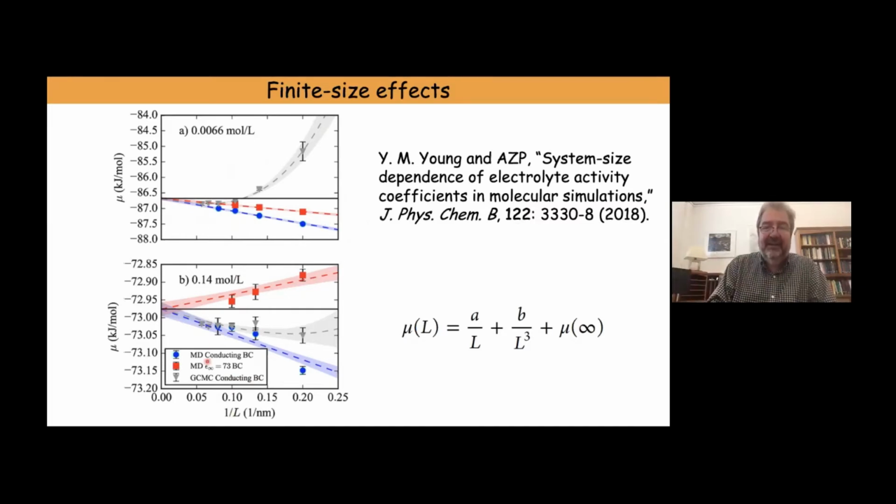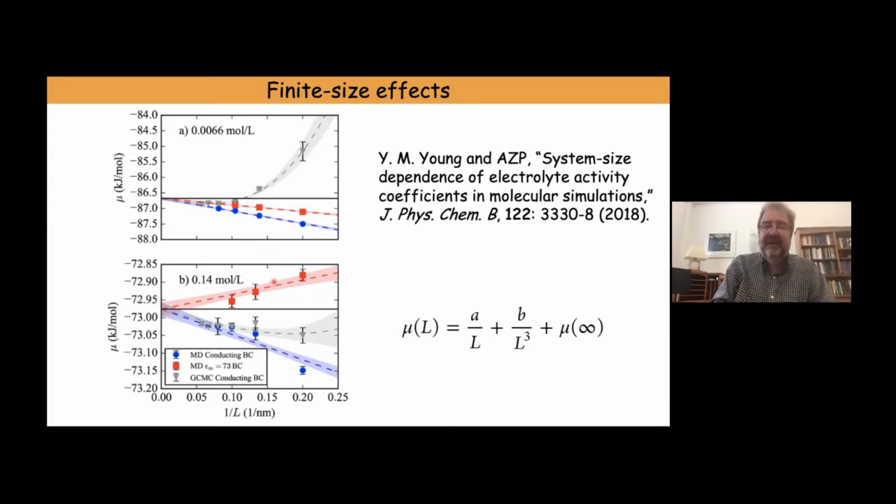So you can do it with conducting boundary conditions where the medium surrounding your infinite collection of cells has infinite dielectric permittivity. You can do it with the permittivity of the medium. You get slightly different results, or you can do it with grand canonical simulations.